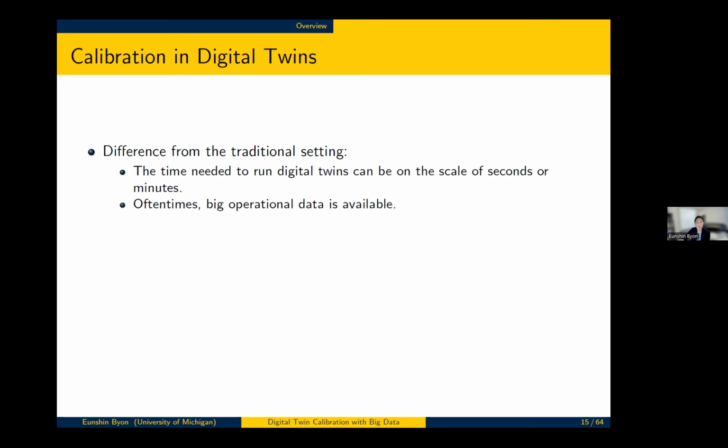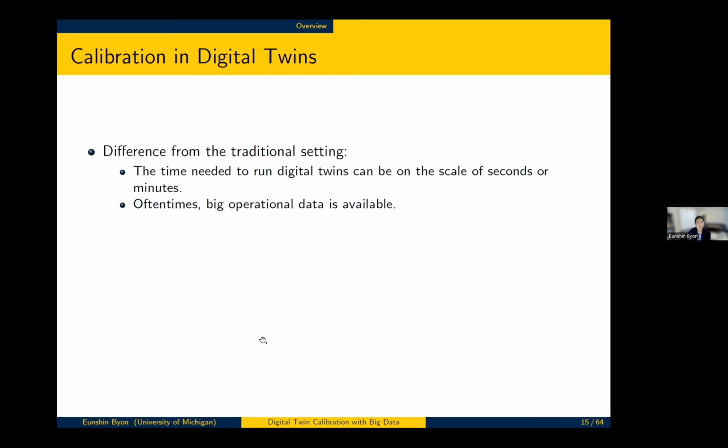However, in the digital twin setting, we may not have scarce data, but maybe we can enjoy big data, because usually digital twins are not really computationally heavy. The time needed to run a digital twin can be on the scale of seconds or minutes, so we can get a number of data points from digital twins. And also, oftentimes big operational data from the physical system or physical process is available.